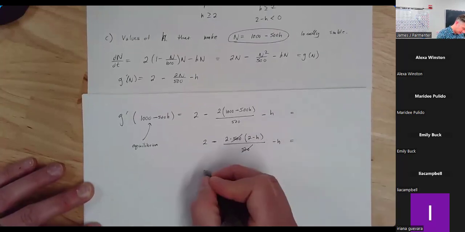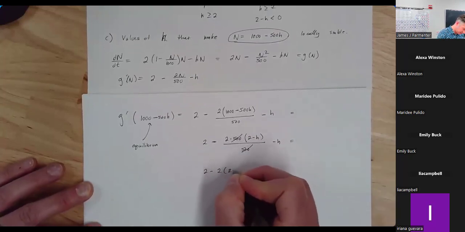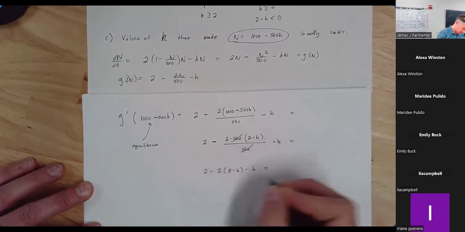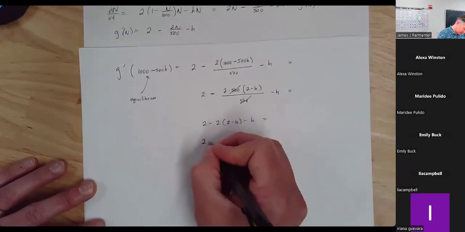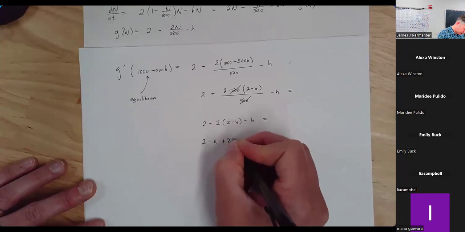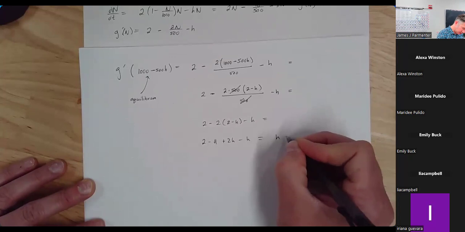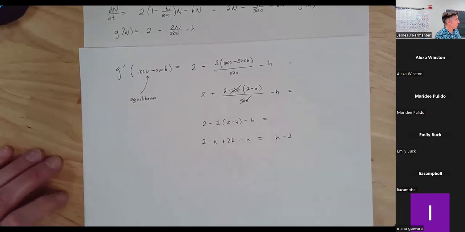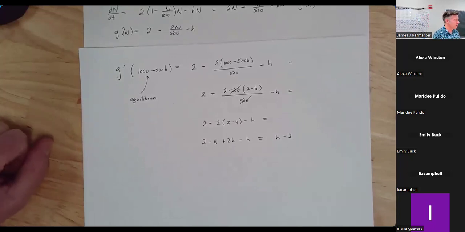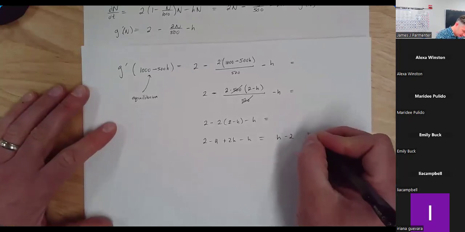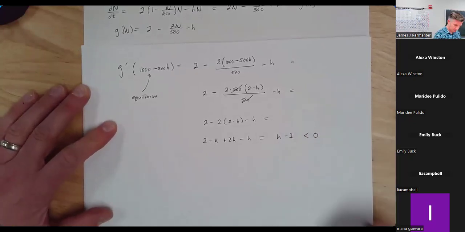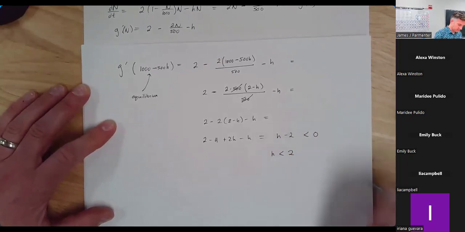We end up with 2 minus 2 times 2 minus h, which is going to be 2 minus 4 plus 2h minus h, which is going to then be h minus 2. And if we want that to be, what do we want that to be? If we're trying to get stability, do we want this derivative to be positive or negative? Negative. So we want this to be negative, which means we want h to be less than 2.